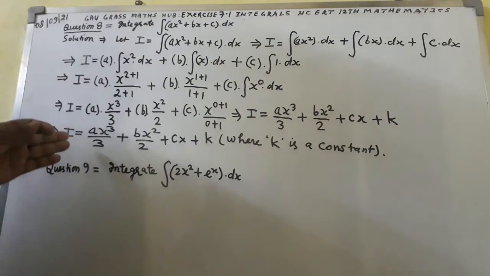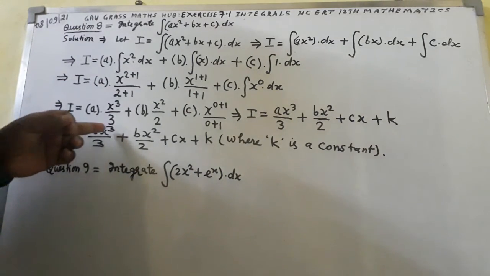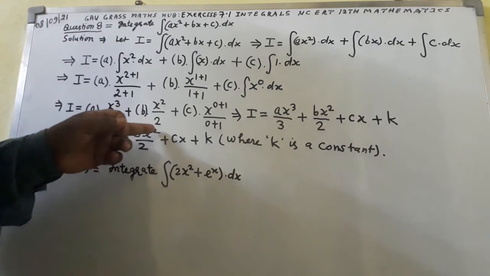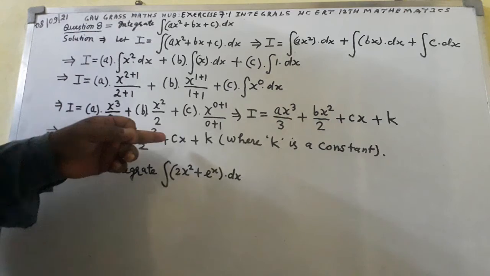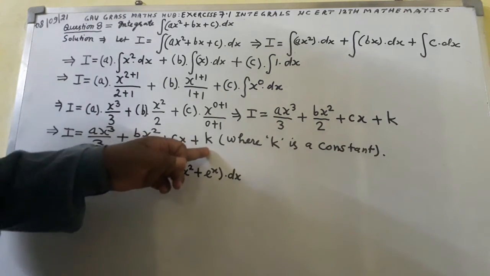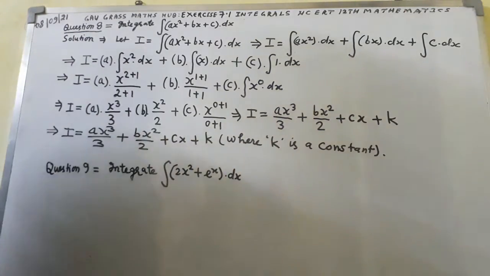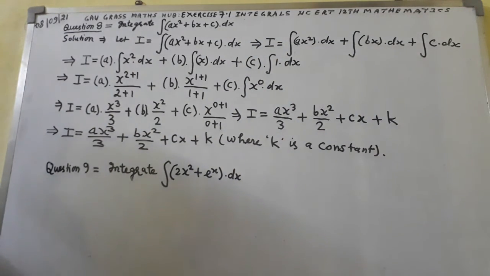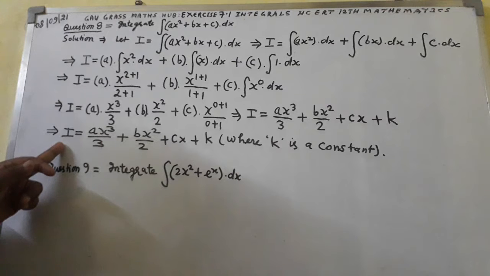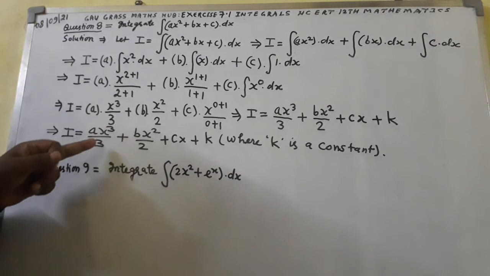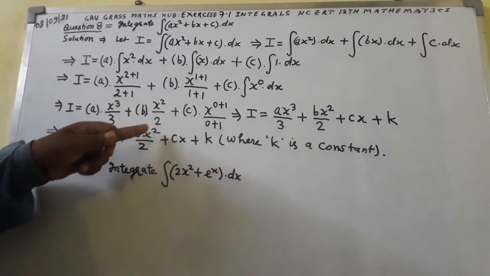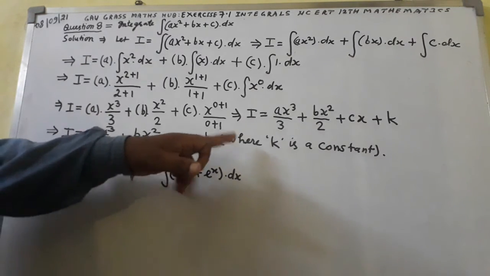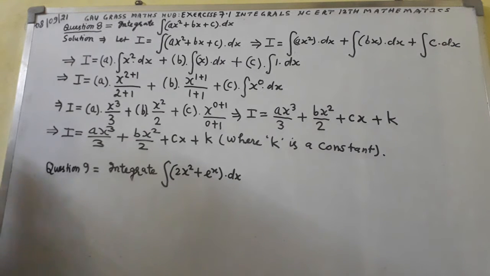Final answer we have got: I equal to ax cube whole over 3 plus bx square whole over 2 plus cx plus k, where k is a constant. This will be the correct answer.